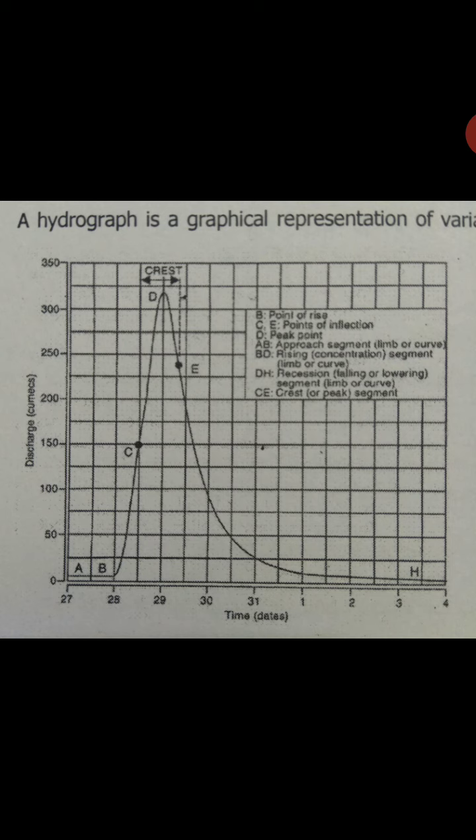A peak or crest segment. It is the highest instantaneous value of the hydrograph and extends from the point of inflection on the rising limb to a similar inflection point on the falling limb.